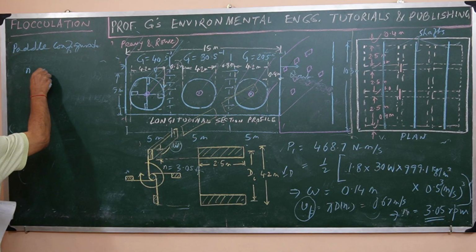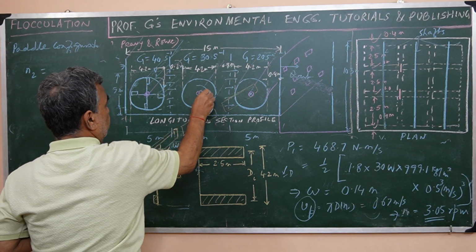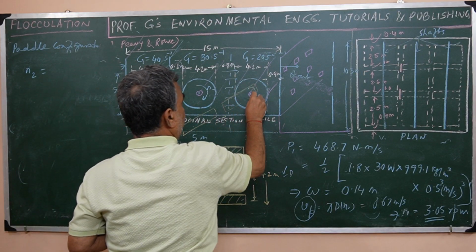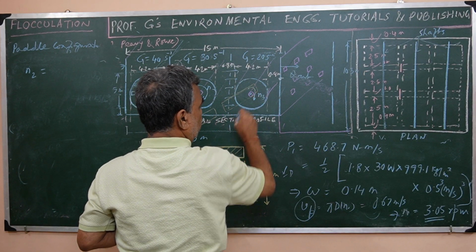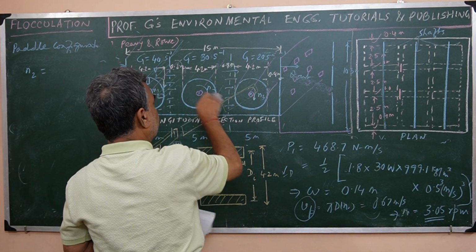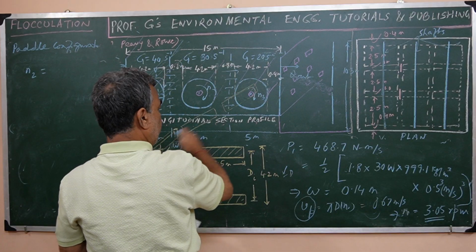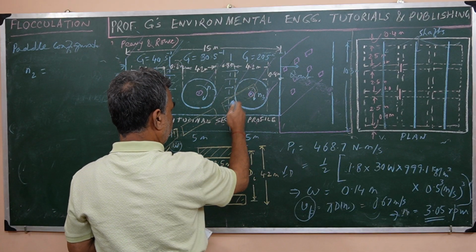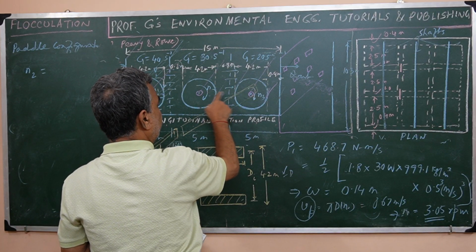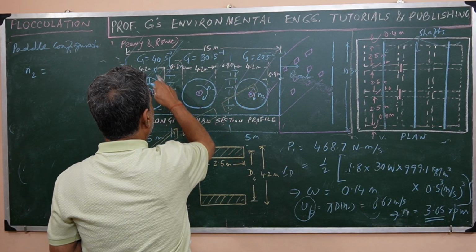This is N2. This is N1. This is N3. This would be different because the G, what you have to create by rotational speed, and paddle dimensions will be same for all three. So only by reducing this one, you can reduce the G value also.